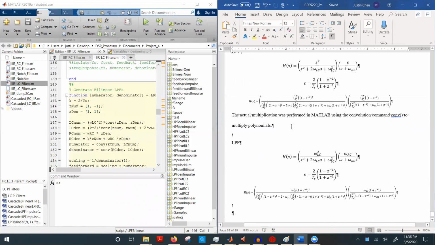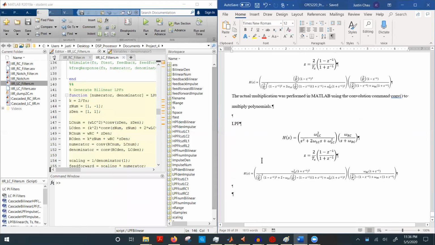All right, so the bilinear low pass filter looks like this. I have the LC part, which has the numerator omega squared. Again, I use the same trick as before, where I have the numerator and denominator coefficients so that I can convolve them as necessary. This is the numerator squared, so that's why I have numerator convolved with numerator.